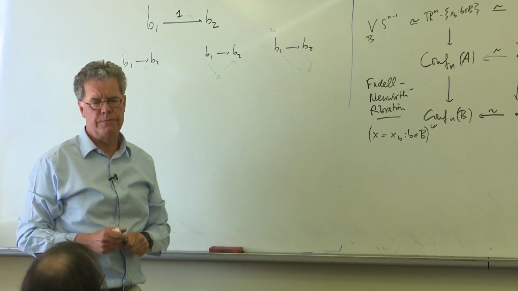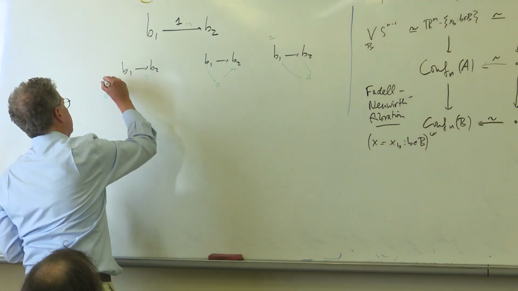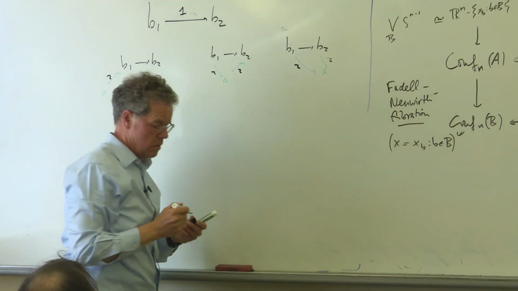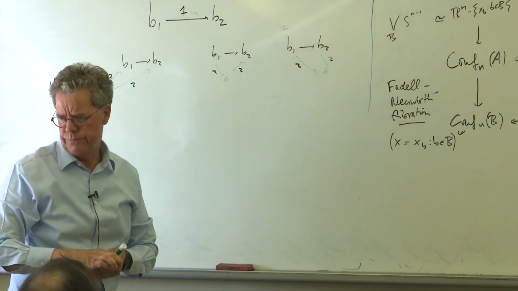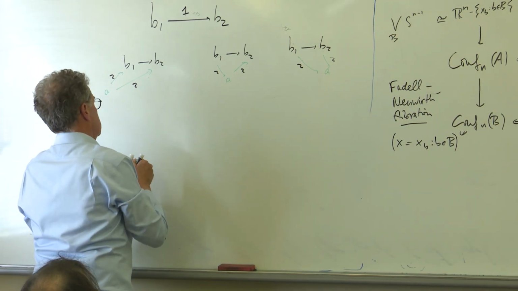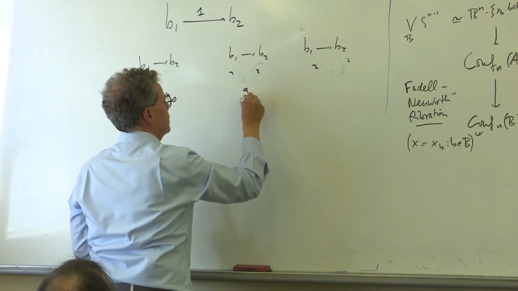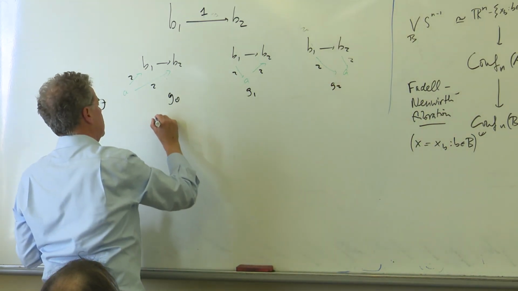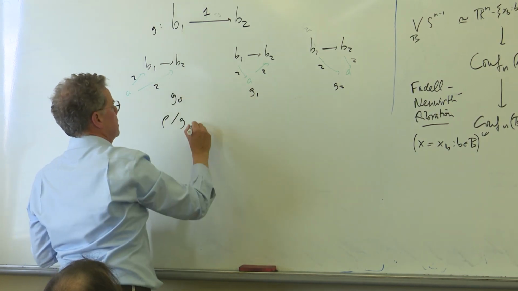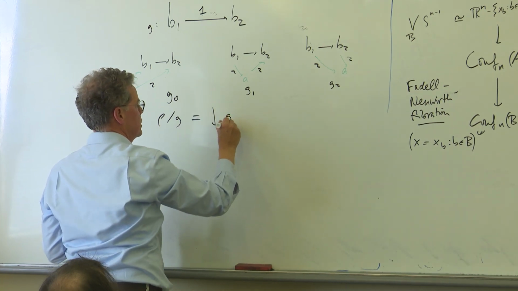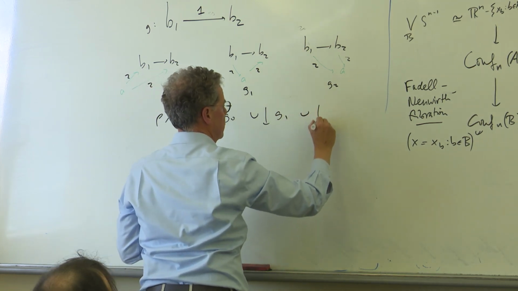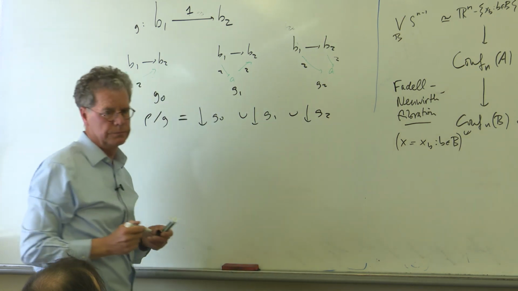But with weights. Now the maximal weight is 2. So if I put 2 here, then I have to be below one of these 3. So if we call these G0, G1 and G2, then I know that rho over G is: you have to be below G0, or you have to be below G1, or you have to be below G2.